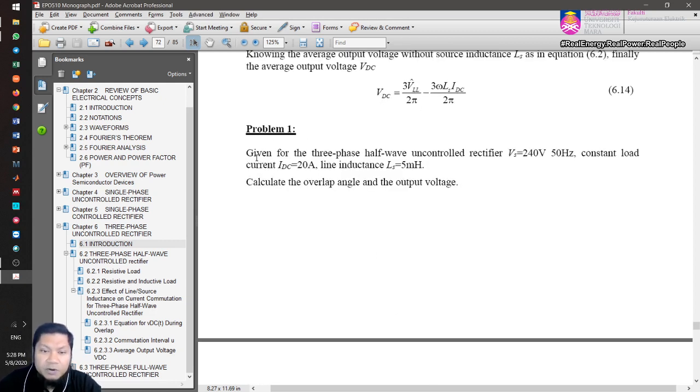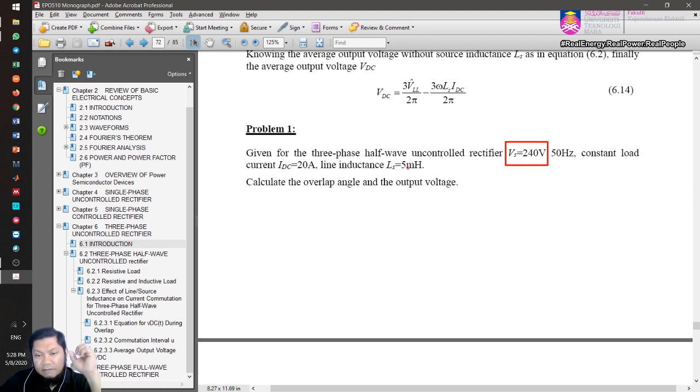Just quickly look at problem 1. Given a 3-phase half-wave uncontrolled rectifier, Vs equals 240 volt, constant load Idc 20 amp, line inductance Ls 5 millihenry. You need to be careful. What is given here: is it line-to-line voltage or phase voltage? This is RMS phase voltage, 240 volt. Constant load current Idc, 20 amp.